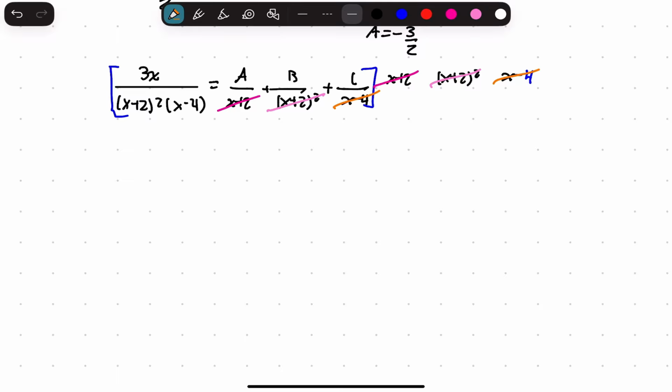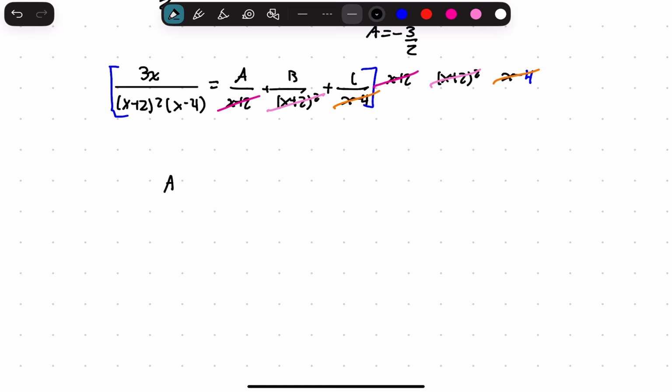And now solving this, I want to show all the steps for this.